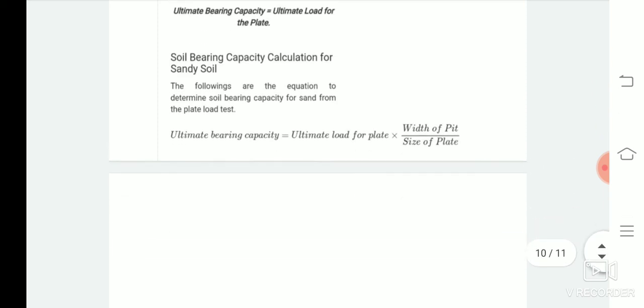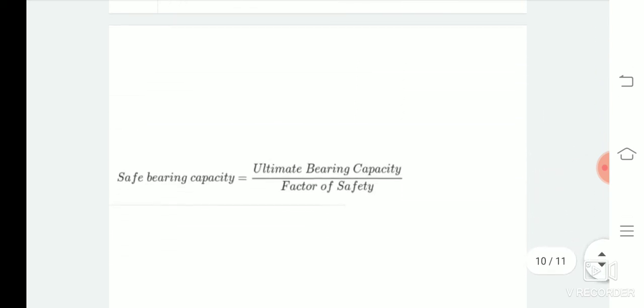In case of cohesionless soil or sandy soil, the ultimate bearing capacity will be equal to the ultimate load for the plate multiplied by the width of the pit divided by the size of the plate. This is for sandy soil and the previous one for clay soil. The safe bearing capacity is then given by the ultimate bearing capacity divided by a suitable factor of safety.